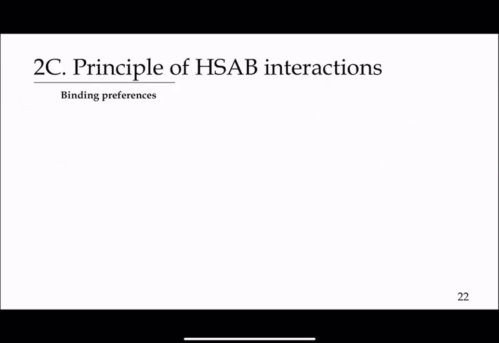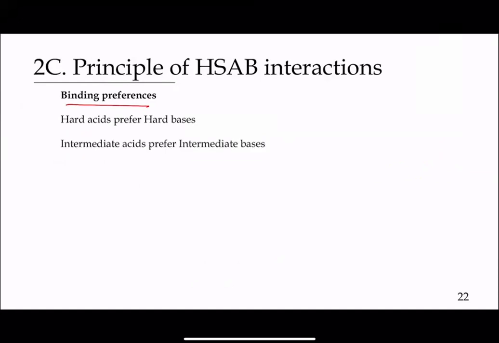All right. So we talked about this idea of polarizability, okay, and this idea of hard, soft, and intermediate. So let's put this into the binding preferences principle, where hard acids prefer binding to hard bases, intermediate acids prefer binding to intermediate bases, and soft acids prefer to bind to soft bases.